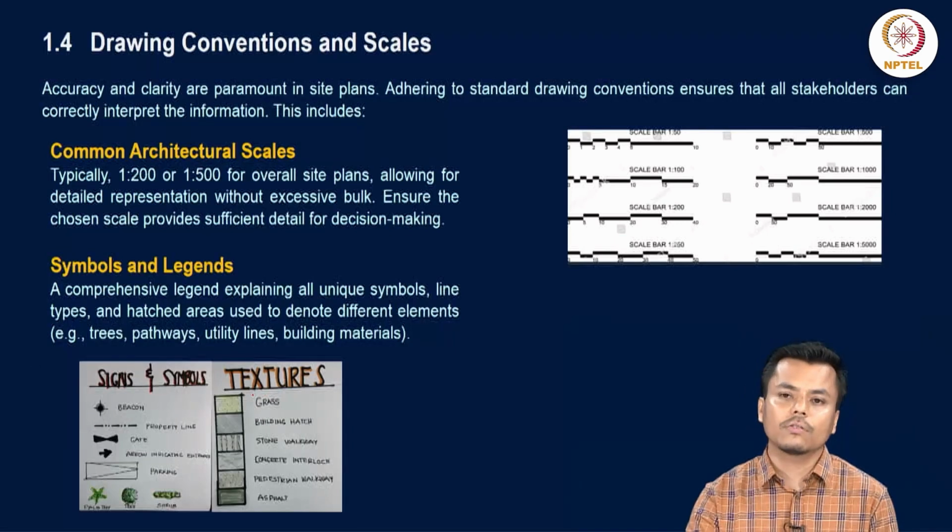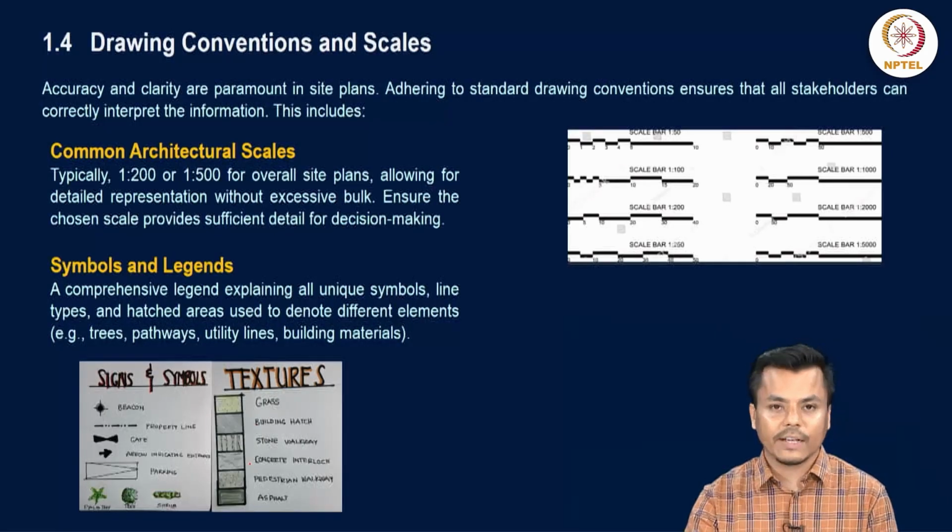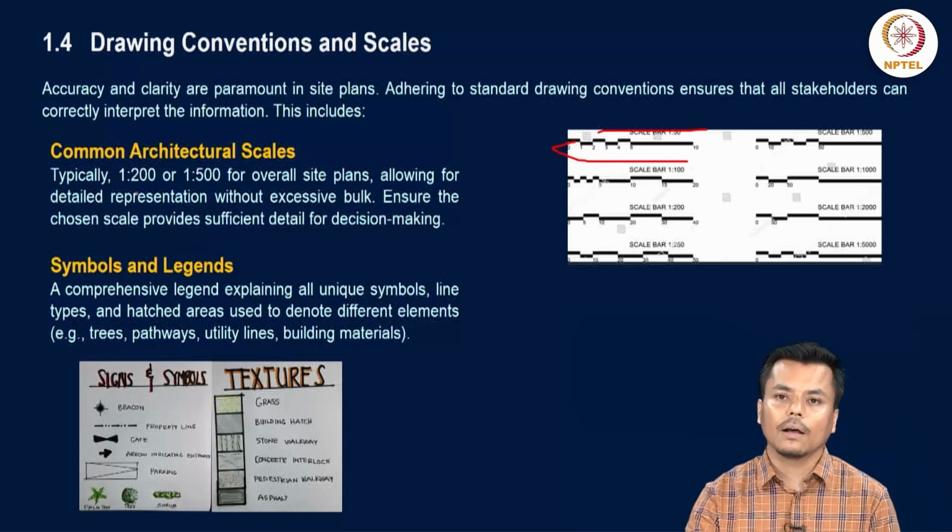Along with that, you can also take help of textures to represent the different paved and unpaved areas. You can add texture in the drawing, and the same can be represented through the legends. You can also use a graphical scale as shown here, along with the other scales used.